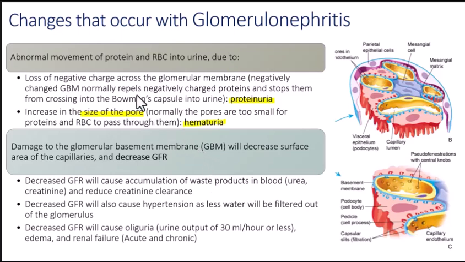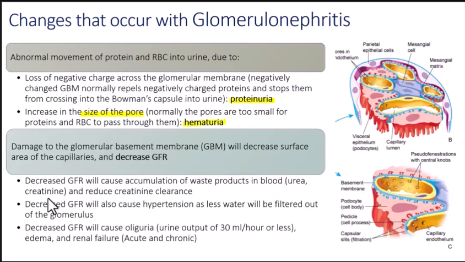We also know that with glomerulonephritis, the basement membrane of the glomerulus can be damaged. And what this does is it reduces the surface area of the capillaries, which decreases glomerular filtration rate. We know that a large surface area is going to maximize really any process. And so this leads to a reduction in glomerular filtration rate, leading to accumulation of waste products in the blood that should normally be filtered at an appropriate rate through the nephron and end up as part of the urine.